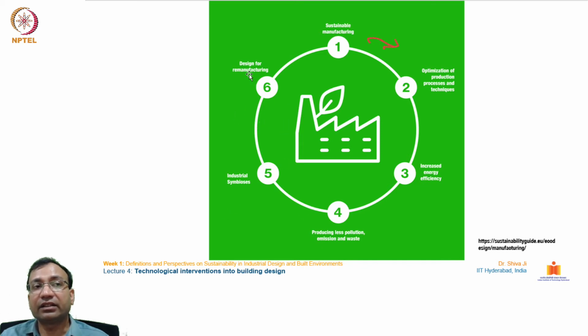Again, we should be able to handle our byproducts and outputs so that they become part of a cradle to cradle approach, and then we can again go back to starting sustainable manufacturing. So we can close this circle and complete the life stages of any product into a completely closed circle.